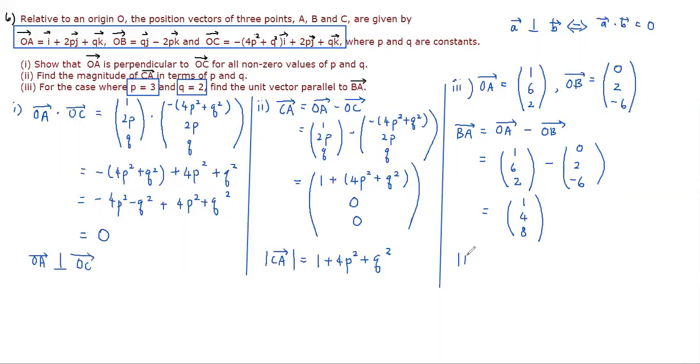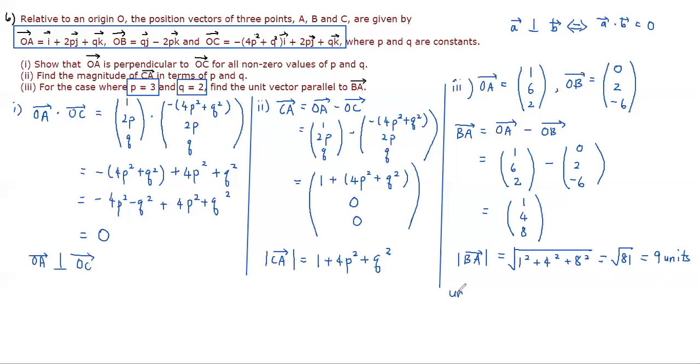Let's find the magnitude of vector BA. The magnitude of vector BA is the positive square root of the sum of squares of each component. So that gives you a value of square root of 81, which is 9 units here. That is the magnitude of vector BA.